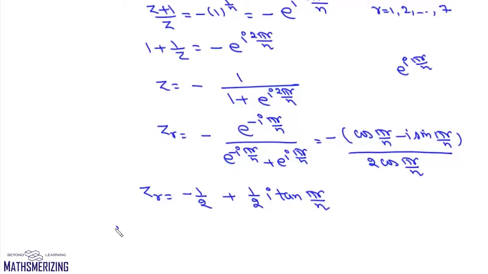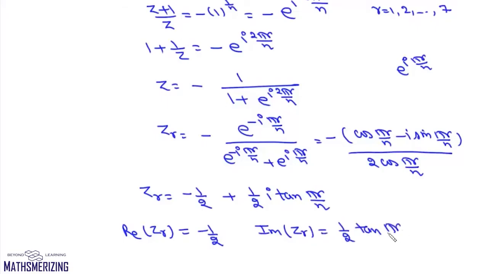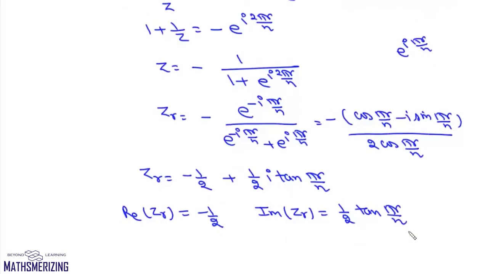Now we can write the real part of zr is minus 1 by 2 and the imaginary part of zr is 1 by 2 tan pi r by n.